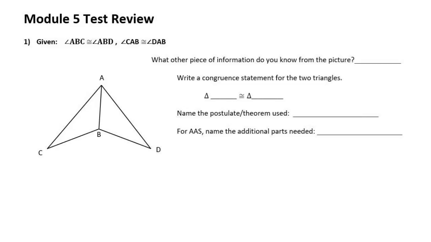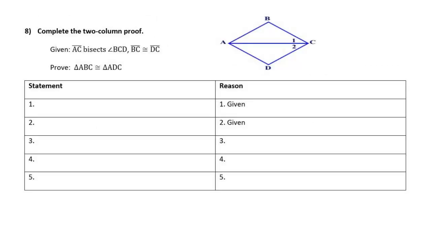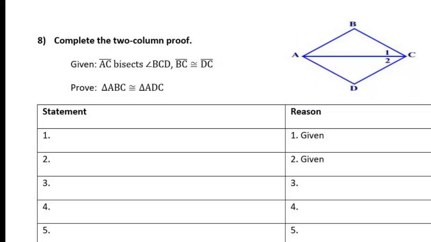All right, so let's go look at problem number 8. This is a proof. We have 2 lines here on the reason side that say given. And I have 2 pieces of given information, so I'm going to write 1 on each line.